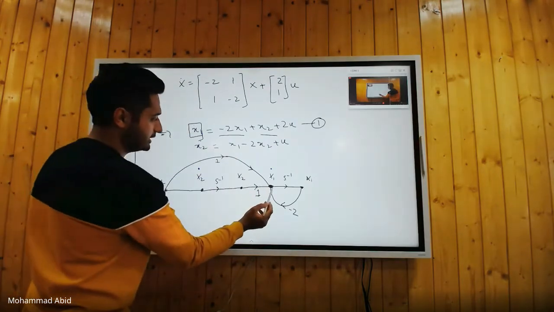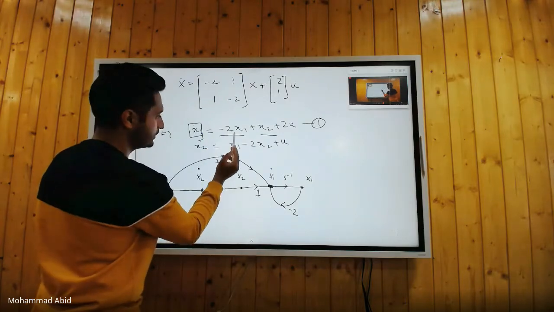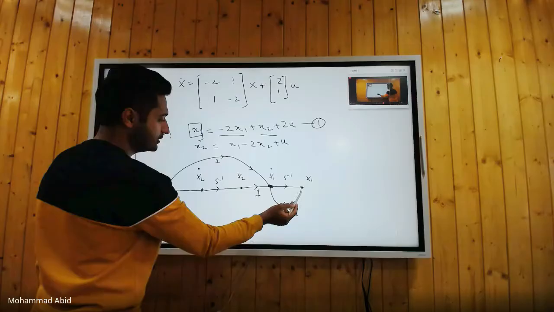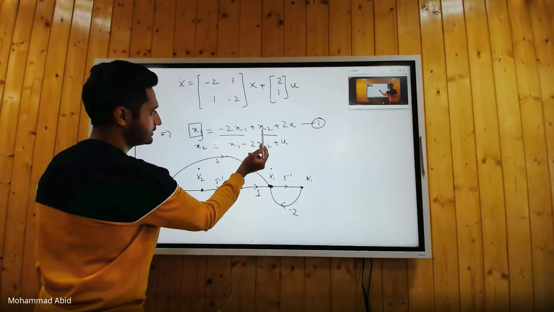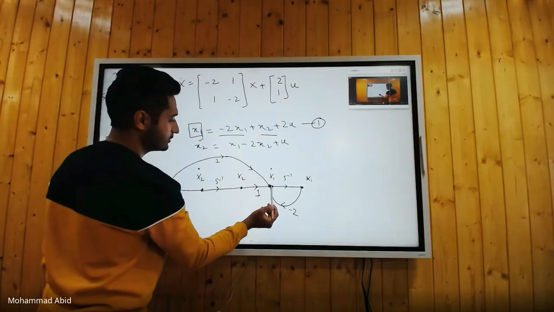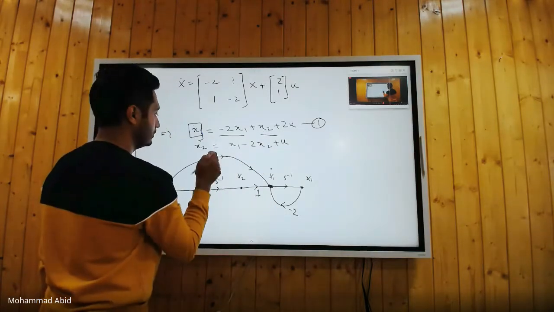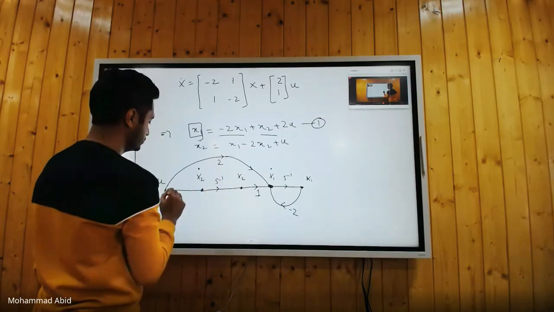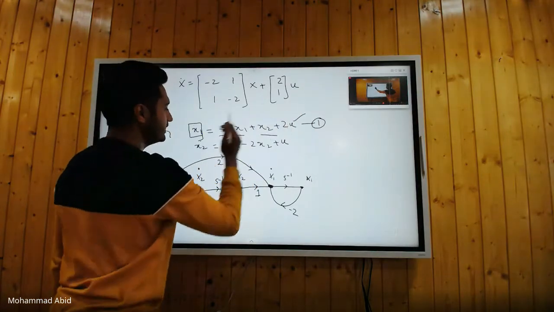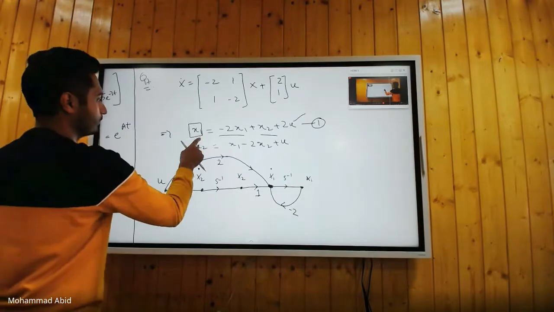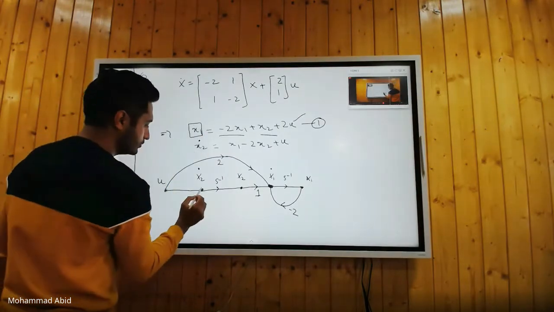So see this x1 dot: minus 2x1 plus 1 times x2 plus 2u. This is 2 times u. x1 satisfied. x2 dot is here.